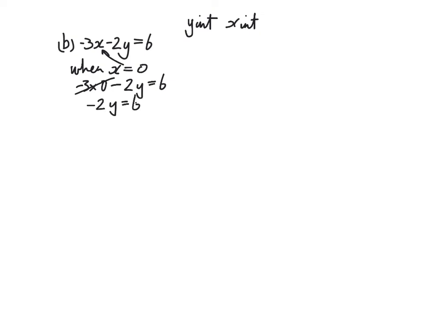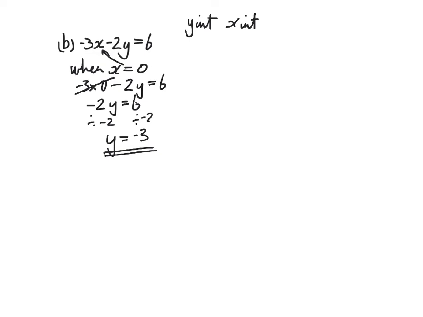Now to solve that, I would divide both sides by minus 2, and I end up with y equals, so 6 divided by minus 2 is minus 3. That is my first intercept, and that's the y-intercept.